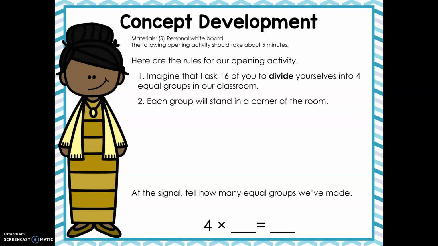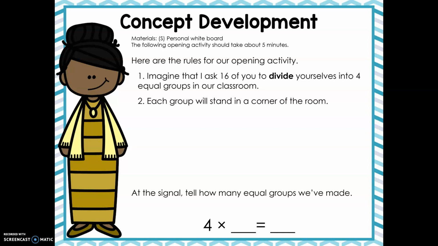Okay, so what I would like you to do is imagine that I ask 16 of you. Pretend we're a classroom of 16. I would like you to divide yourselves into 4 equal groups in our classroom. Each group will stand in a corner of the room.